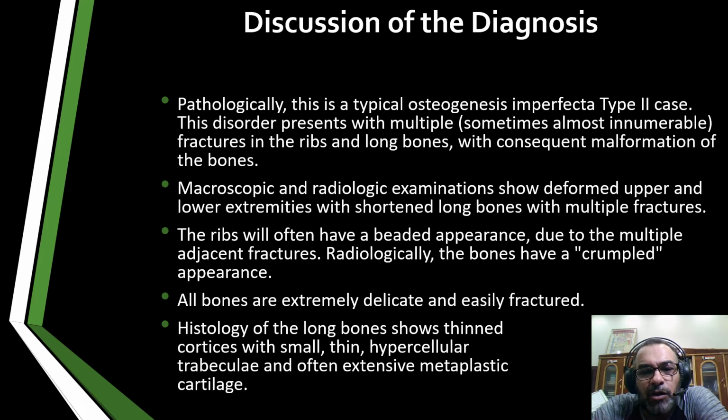The ribs will often have a beaded appearance due to the multiple adjacent fractures. Radiologically, the bones have a crumpled appearance. All bones are extremely delicate and easily fractured. Histology of the long bones shows thin cortices with small thin hypocellular trabeculae and often extensive metaplastic cartilage.